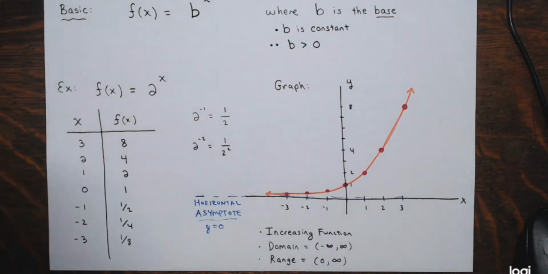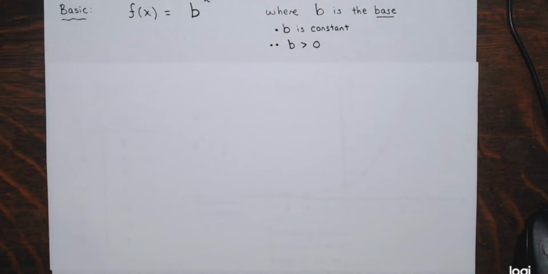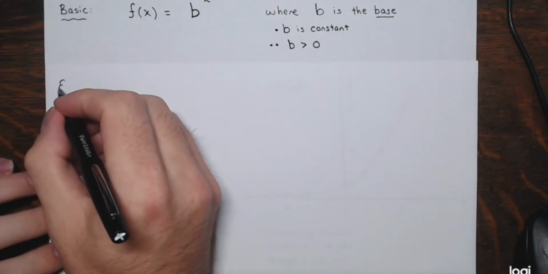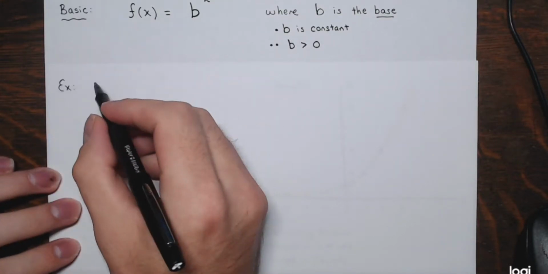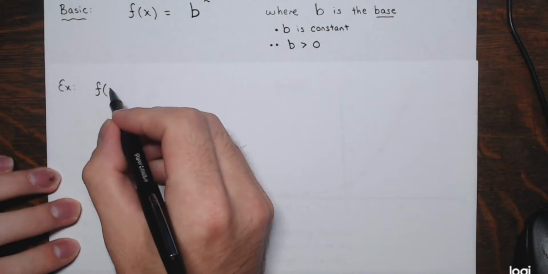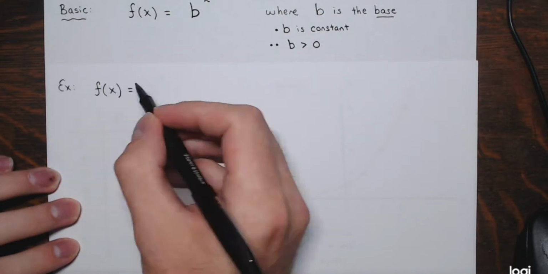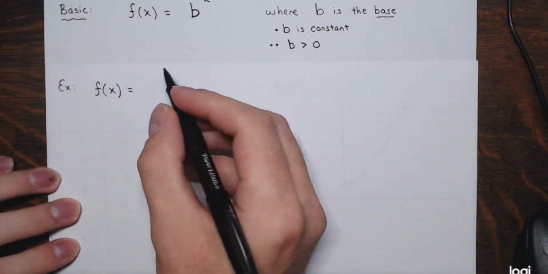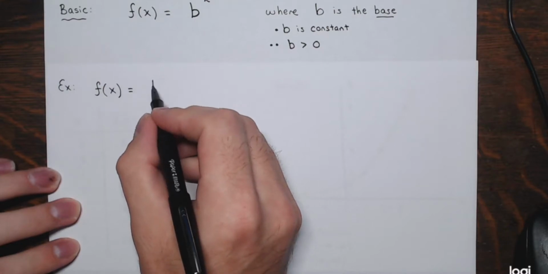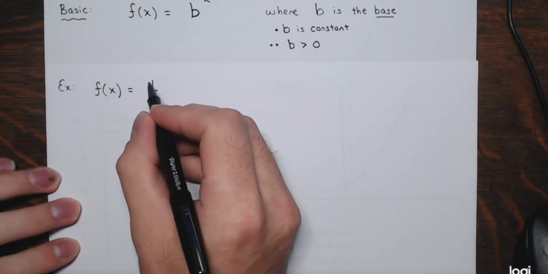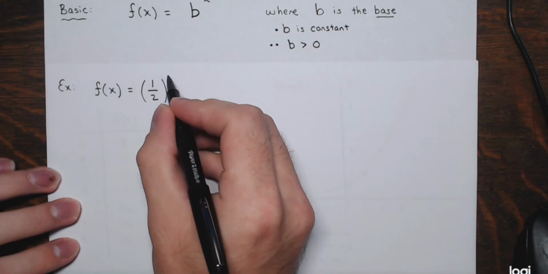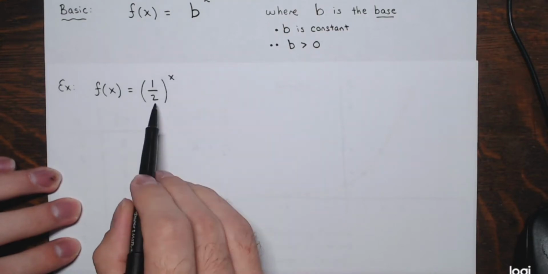So one more example. What if I had f of x equals, instead of 2 to the x, how about 1/2 to the x? So this time the base is less than 1, but still positive.